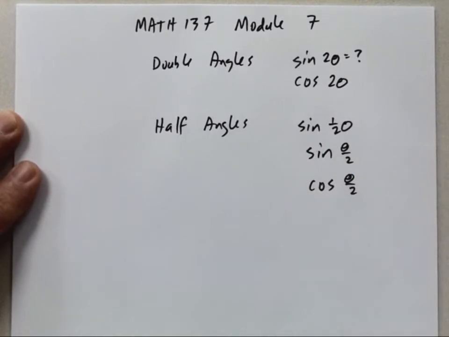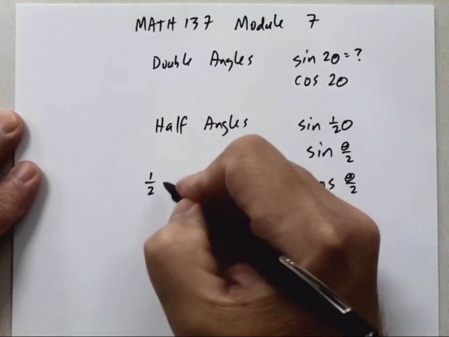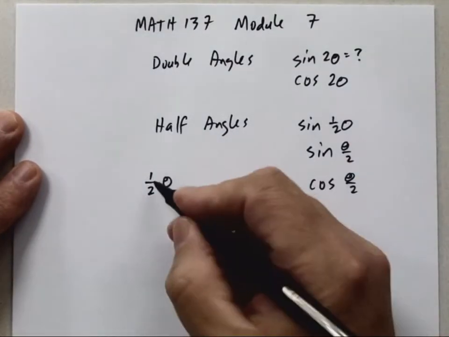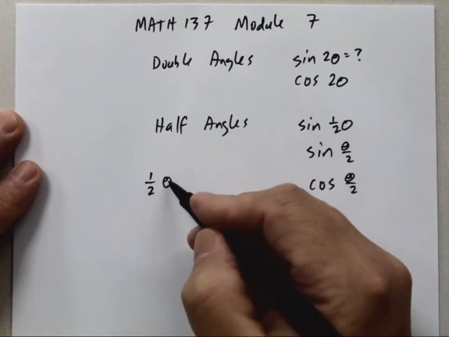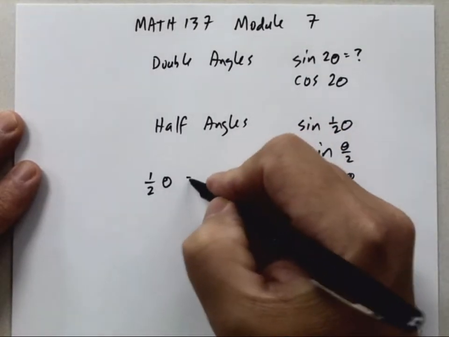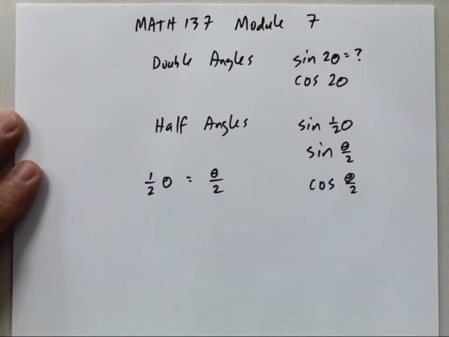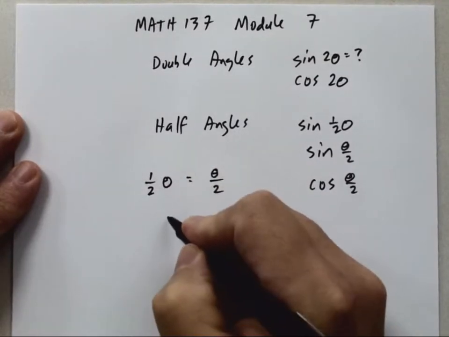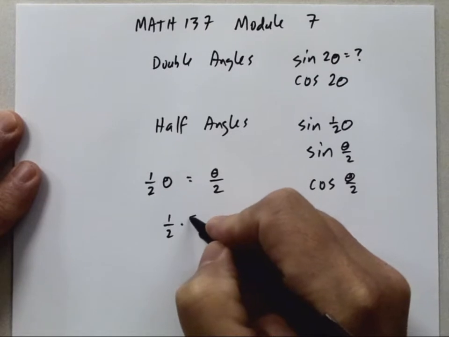Of course, a lot of students sometimes stumble on this simple algebra stuff. Initially I wrote 1/2 times theta, because when I said half angle, I thought of 1/2 times theta. Of course, this is the same. It's amazing how students sometimes stumble over this kind of stuff.